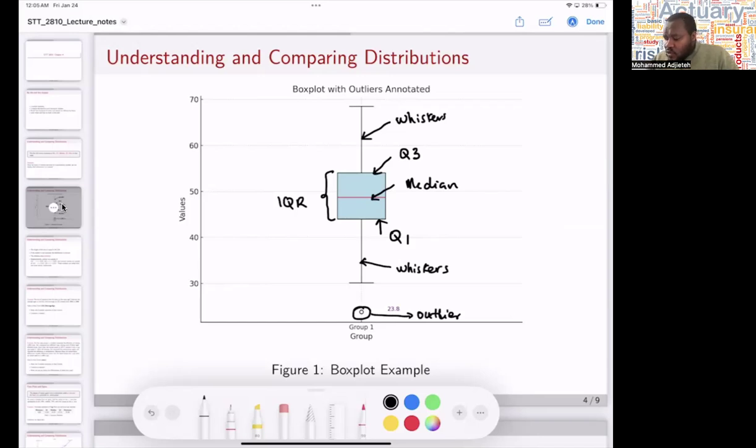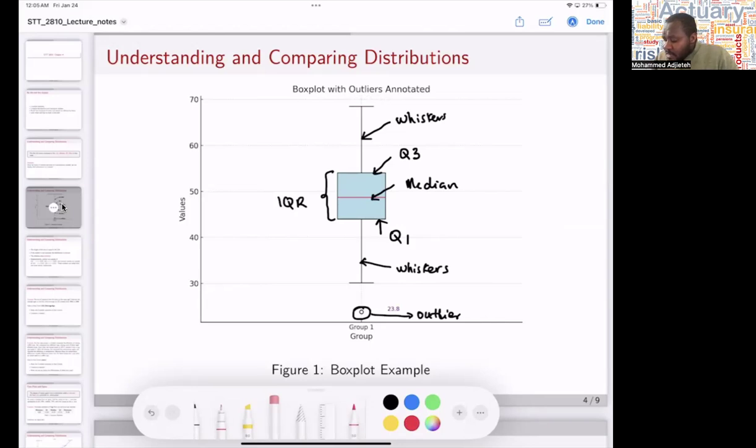And sometimes you could also have a couple of them up here. You see, those are also outliers, but the upper outliers. We will talk more about the rule for labeling outliers in the next slide. But I wanted to draw your attention that when you have a box plot, outliers could be displayed this way.